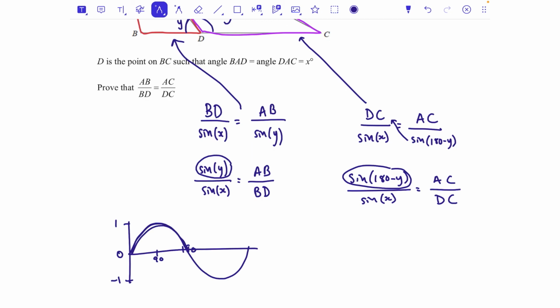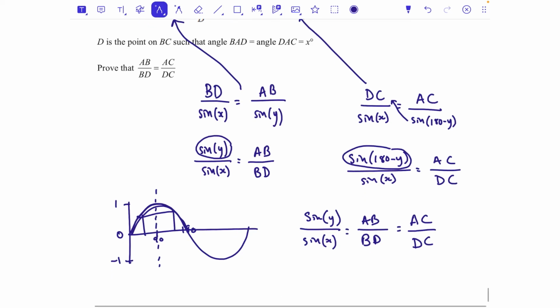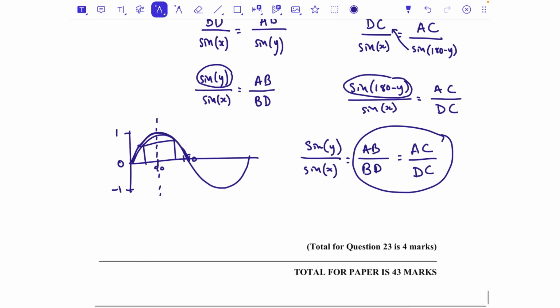So if you have sine of y and you have sine of 180 minus y, you're always going to get the same value because you're subtracting from 180, so it's going to be symmetrical about that 90 degree point, okay? So this is actually the same. Therefore, sine y over sine x is the same as AB over BD, which is the same as AC over DC. And so we've shown that these are the same things, and that's that done for 4 marks.